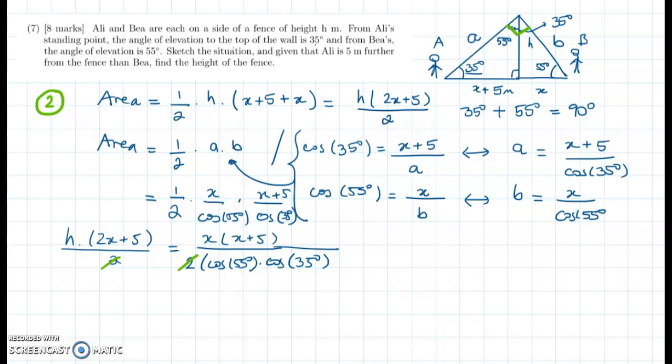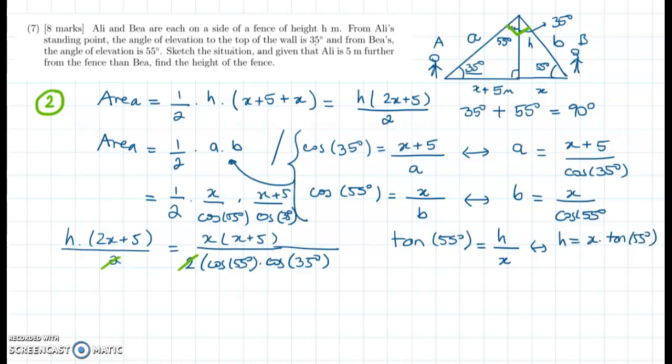So we could do that. I think the easiest way would be to look one more time at the small triangle and notice, for instance, that we can write that the tangent of 55 degrees is equal to h, the leg opposite to it, divided by x, the leg adjacent to it. So instead of h, we can write x times tangent of 55 degrees.